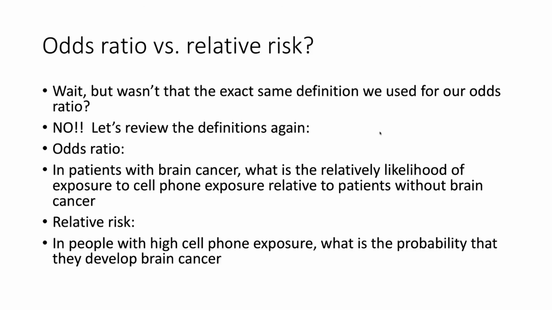So in odds ratio, we're separating them based on the disease. One has the disease and one doesn't. Correct. The two groups you're looking at, one of them has the disease, one of them does not. Whereas in relative risk, we don't know if they have the disease or not, but we're comparing the exposure. Be a little careful.